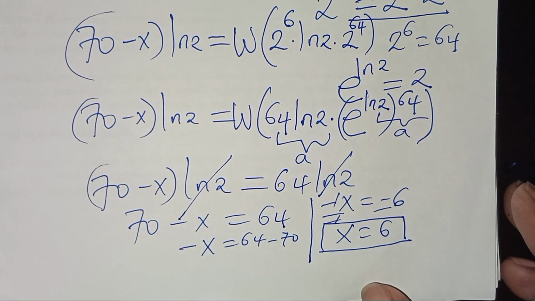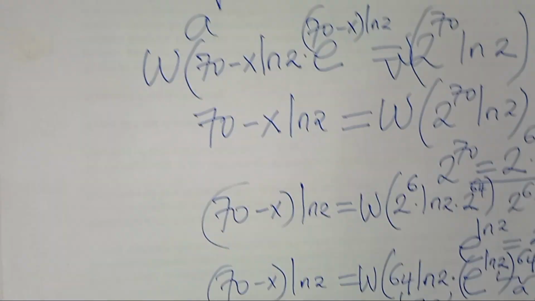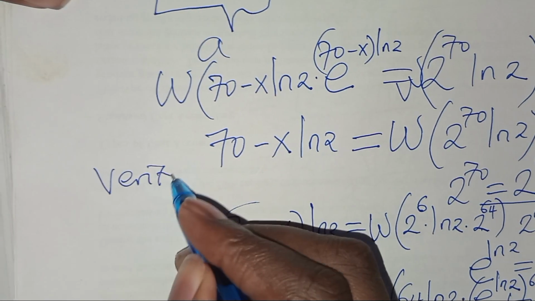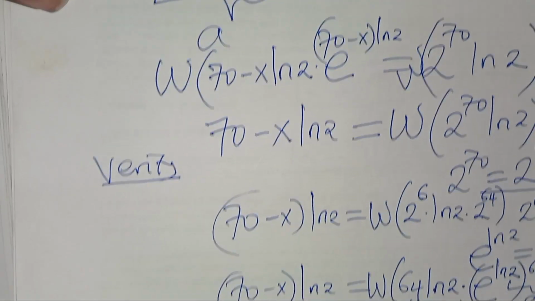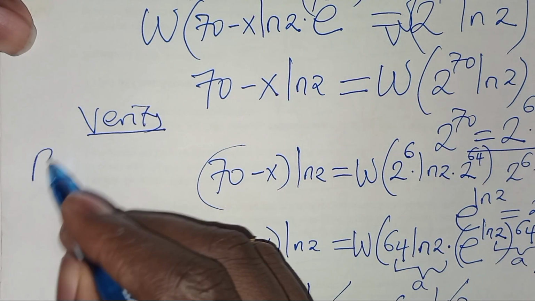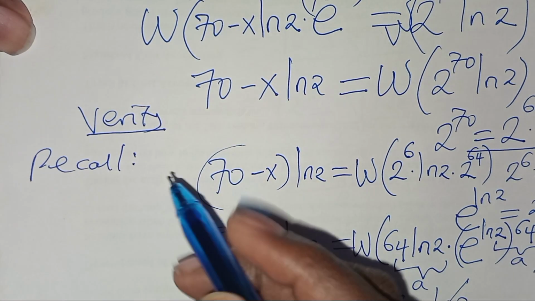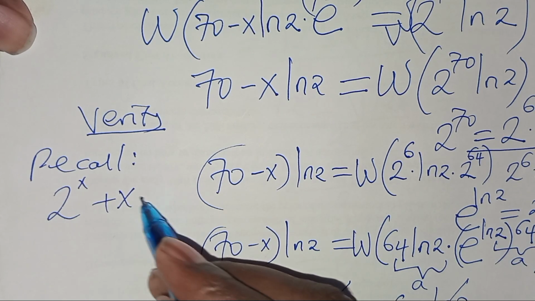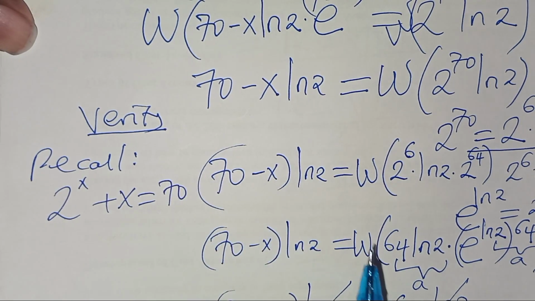Let's verify if this x, which is equal to 6, satisfies the equation. If you recall, 2 to the power x plus x should give us a value of 70.